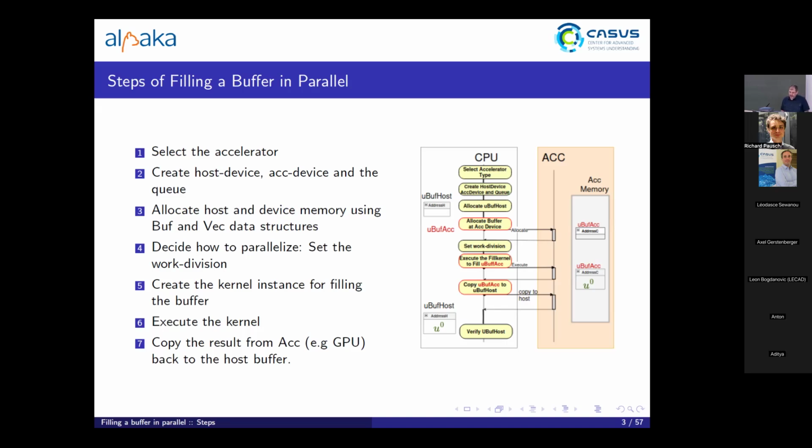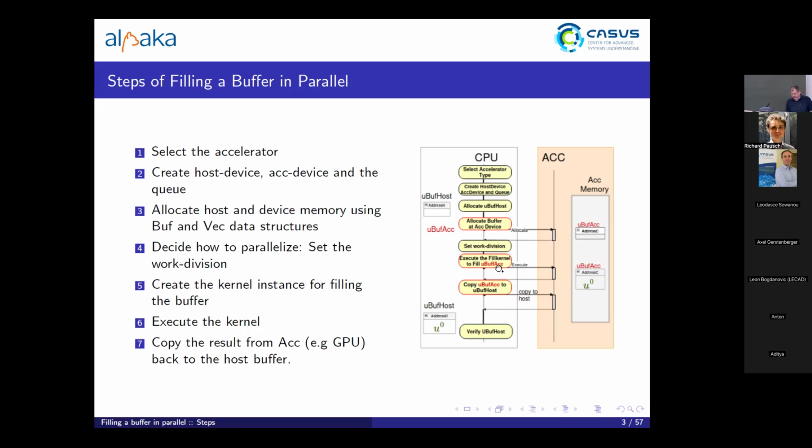As you see, allocation of the ACC buffer and execution of the kernel is done at the GPU, for example, the AMD GPU for Lumi. And the other operations are done at the CPU. And we execute the kernel.